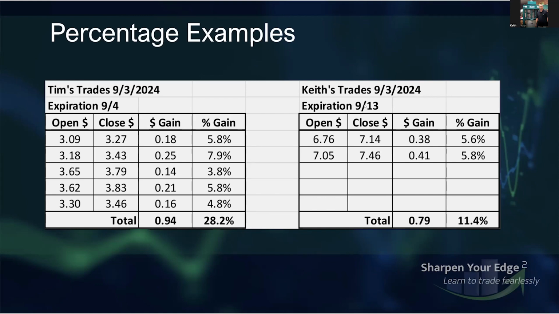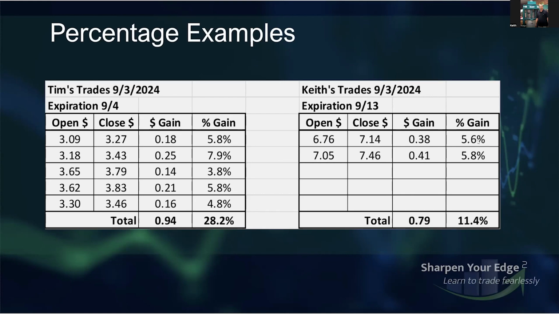In my case, I was trading next Friday, that is a week from Friday's expiration on the 13th, and mine were about twice as expensive as what Tim was trading. So I had like $6 to $7 opening and $7 closing. My gains were 38 cents and 41 cents, which you say, oh man, that's a lot better than what Tim was doing.